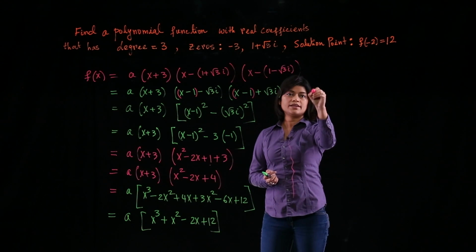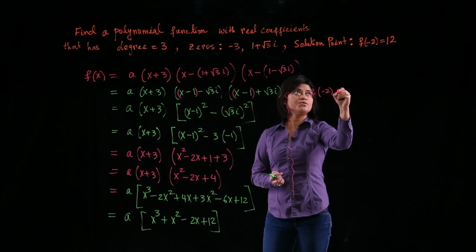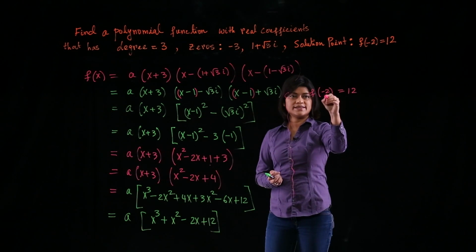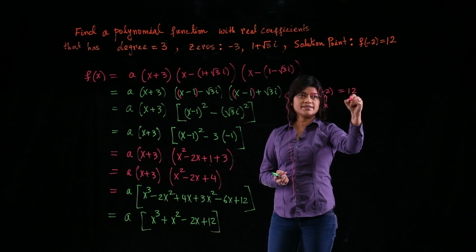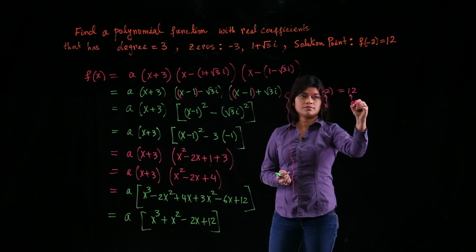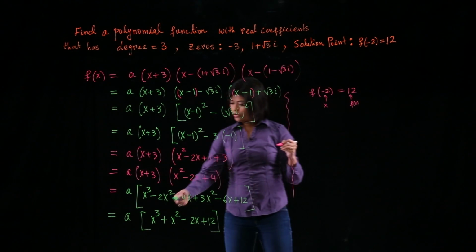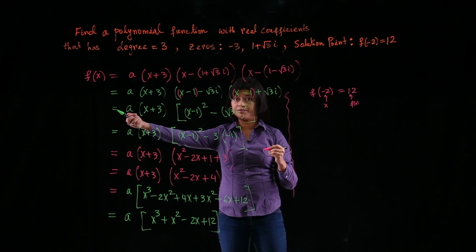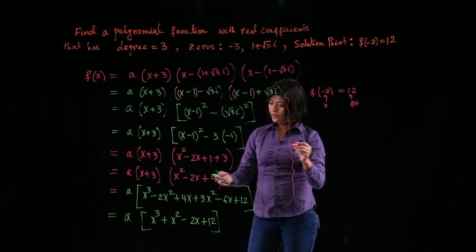It's given that f of negative 2 is 12. That means when x is negative 2, f of x is 12. So you plug in negative 2 for x, and on the other side, f of x is 12.